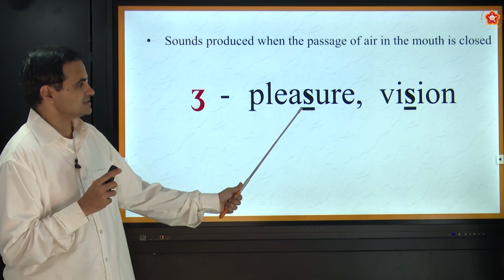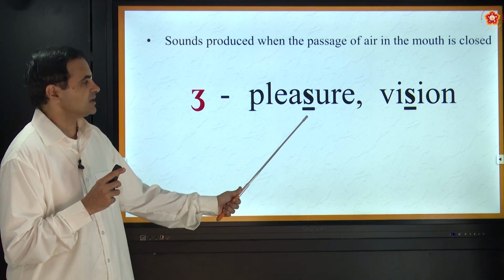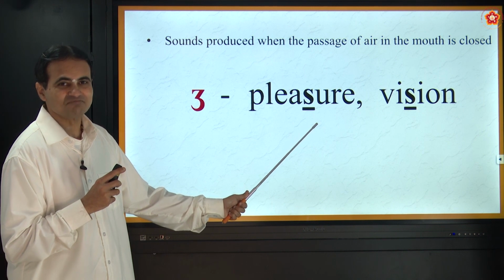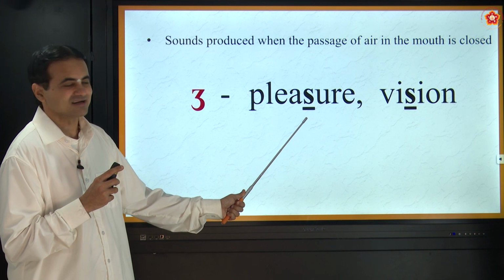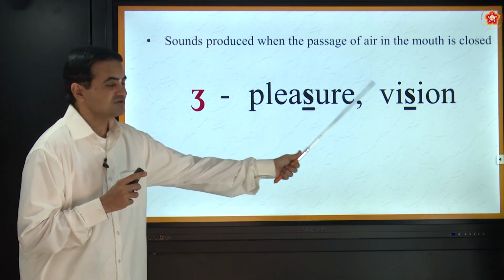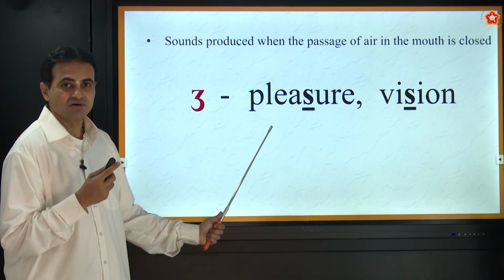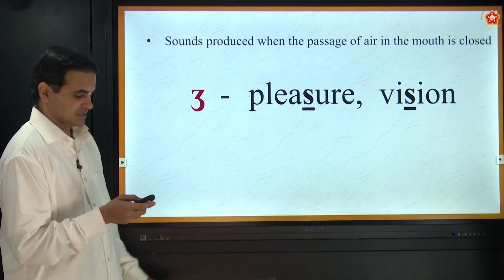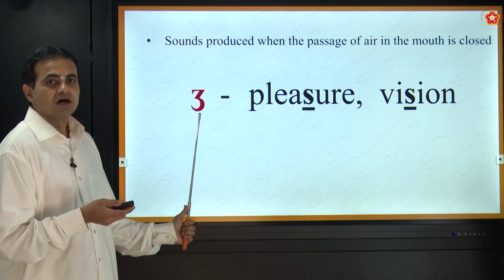Here also it is S-U-R-E. We don't say "pleasure" with a hard s or with a j. We pronounce it as pleasure. Vision, treasure, all these words. So this is zh.